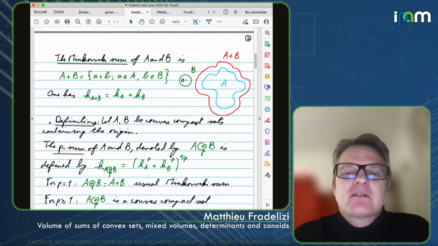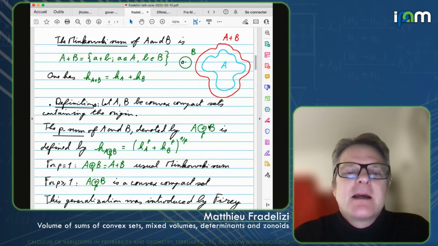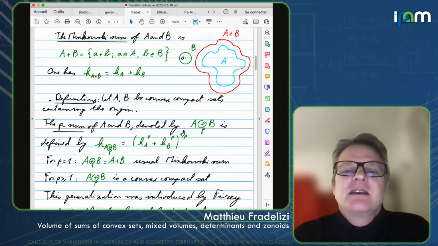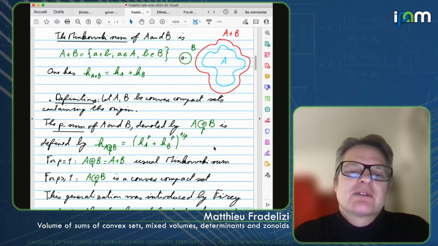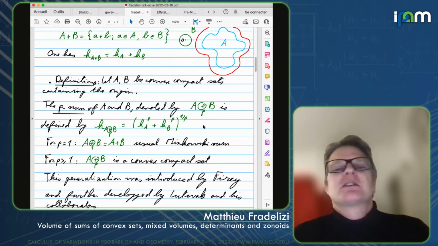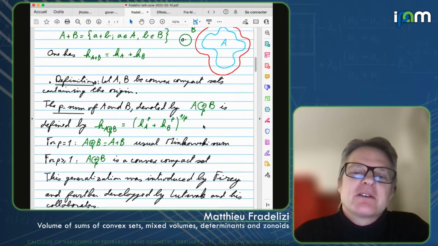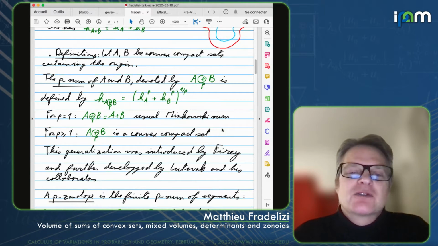And now if you have compact convex sets containing the origin, the Minkowski p-sum of A and B, denoted A plus_p B, is the convex body defined by its support function, which is the p-sum of the support functions of A and B. So for p equals 1, you recover the Minkowski sum, and for p larger than 1, this is also a convex compact set.